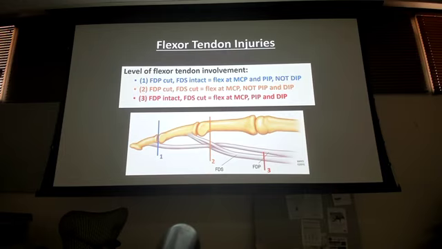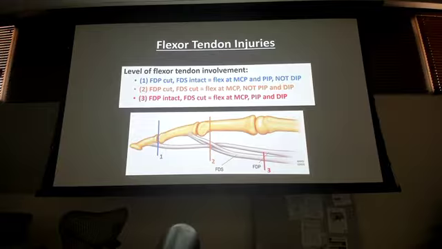Understand if there's a laceration to the flexor tendon at a certain level, what is involved and what's going to be in and what's going to be out. Make sense? MCP, PIP, and then DIP, in proximal to distal order.